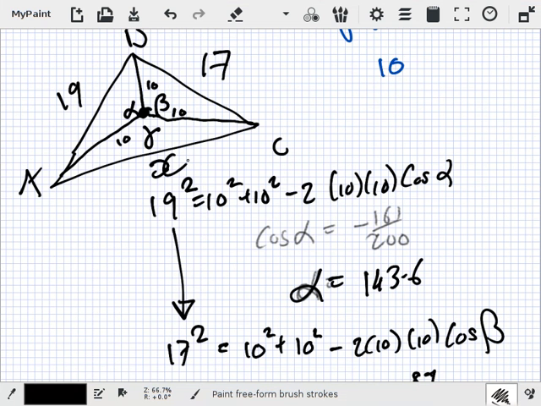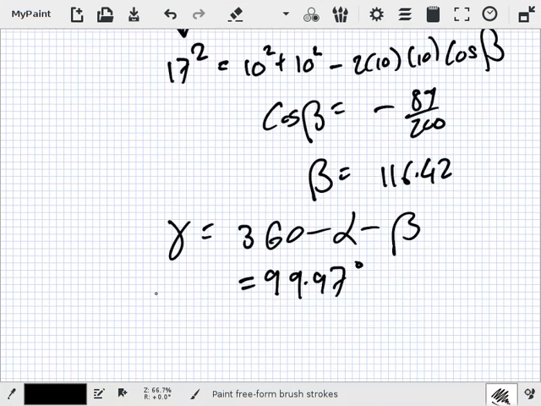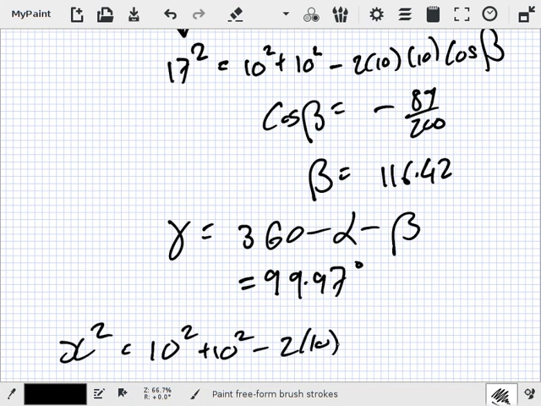I shall use the cosine rule once again. So x squared equals 10 squared plus 10 squared minus twice times 10 times 10 times cos gamma.